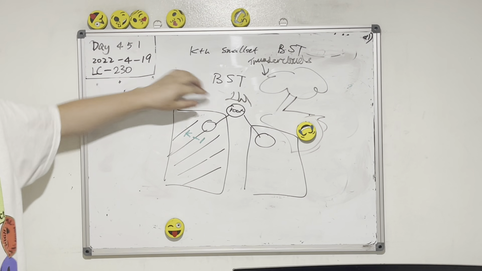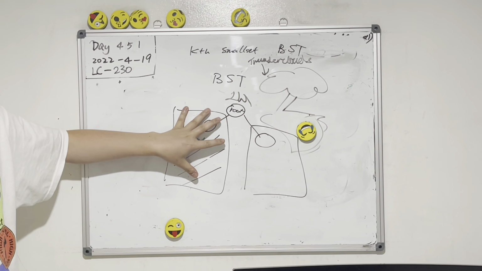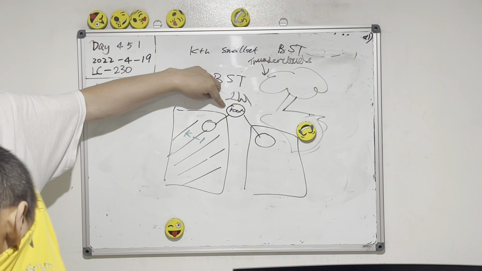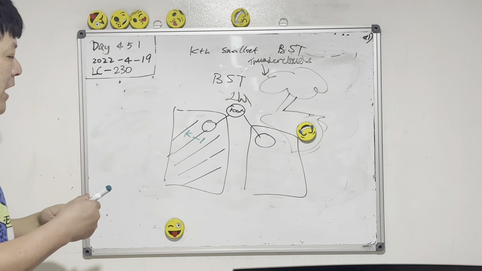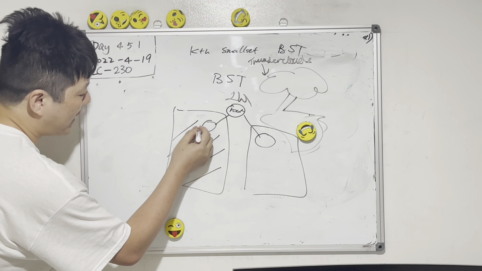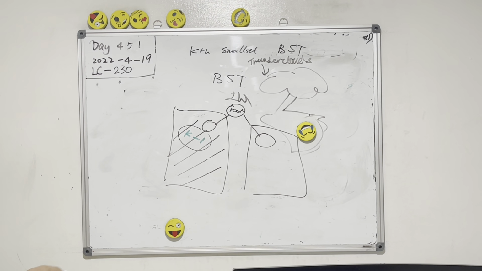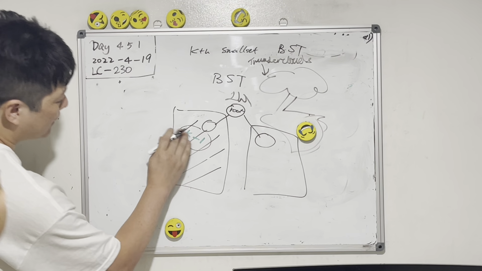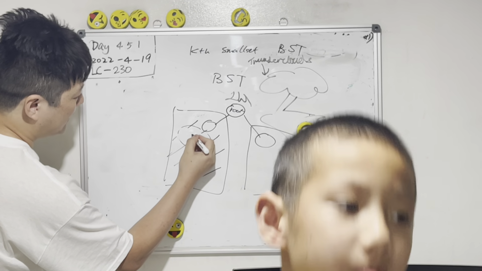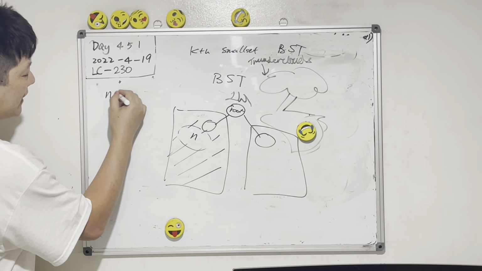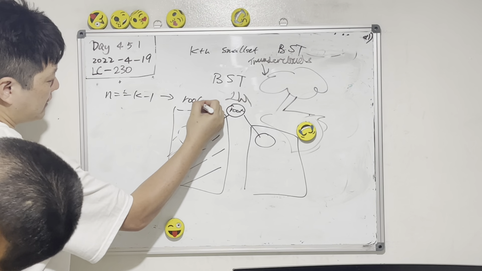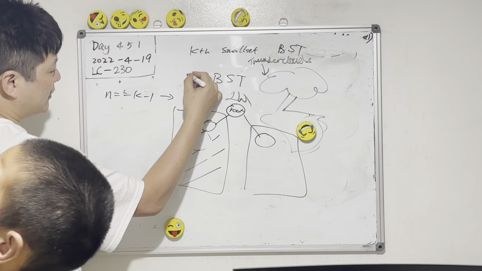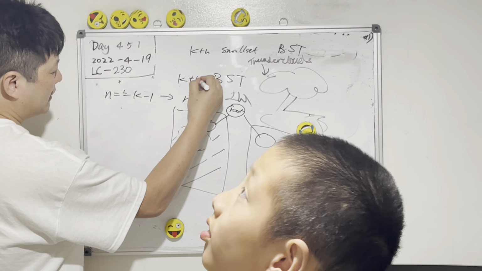So if k minus 1 nodes are on the left tree, it makes the root the k-smallest. Make sense? Let's say there are n nodes on the left. If n equals k minus 1, then the root is the k-smallest one, right?